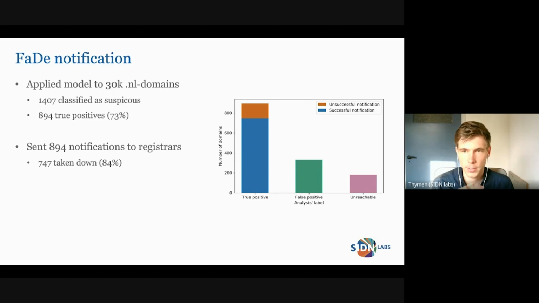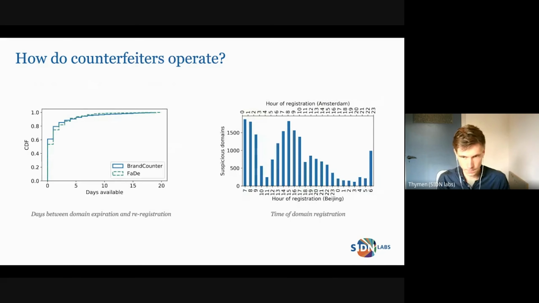And in addition to notifying those registrars and taking the domain names down, we also took a step back and tried to see how the counterfeiters operate. So what are the strategies behind the people that register fake web shops?